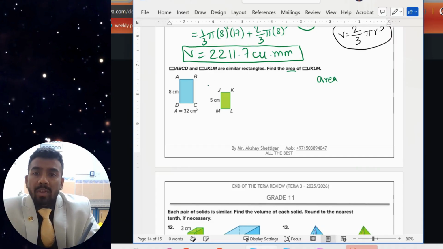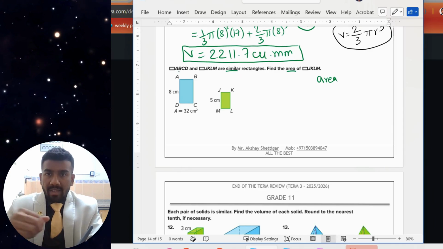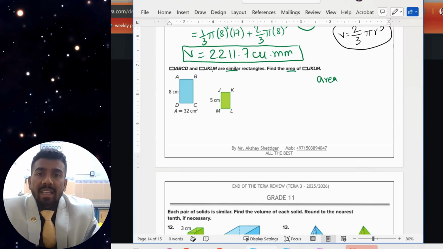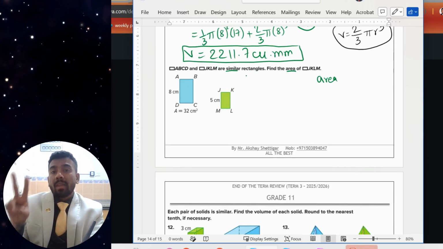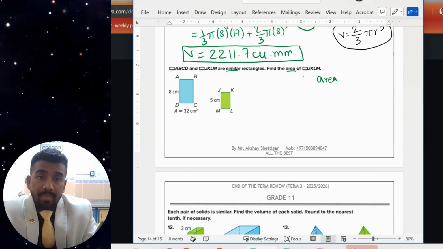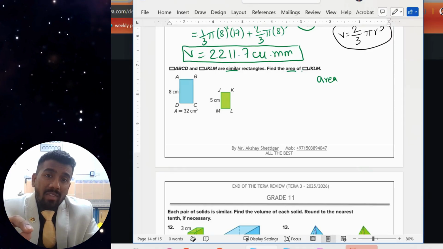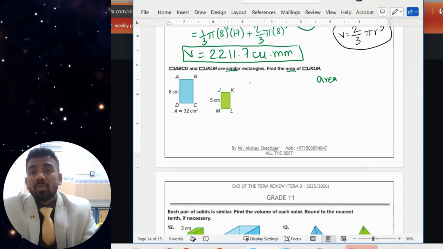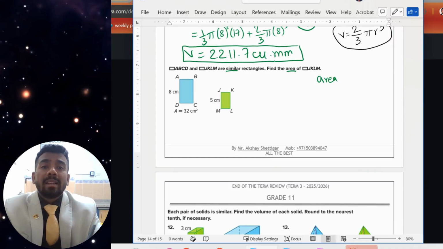Whenever you have two figures which are similar, like rectangle ABCD and rectangle JKLM are similar, they want you to find the area of rectangle JKLM. Whenever two figures are similar, you can use this formula.